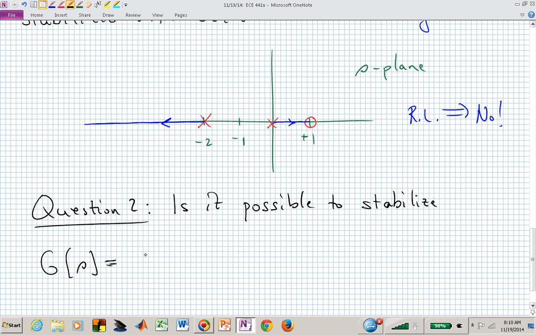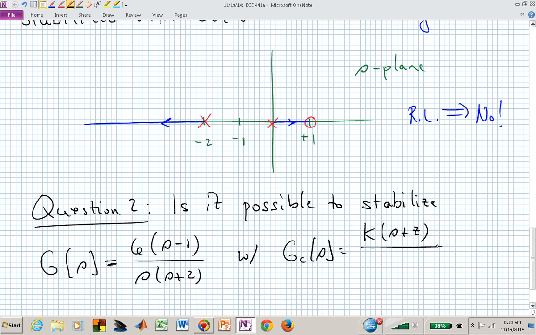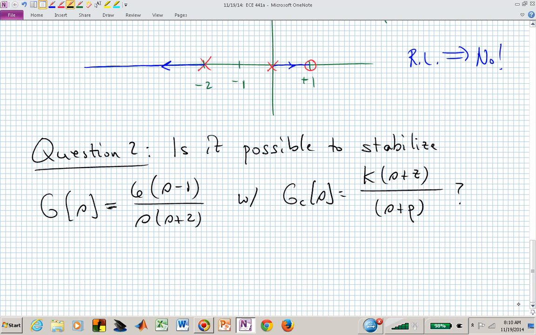It's the same plant, but I'll go ahead and write it again. 6 S minus 1 over S, S plus 2, with G sub C of S being K times S plus Z over S plus P. Is it possible to stabilize that system with a first order controller? When I say a first order controller, you should just immediately think of that structure for G sub C.